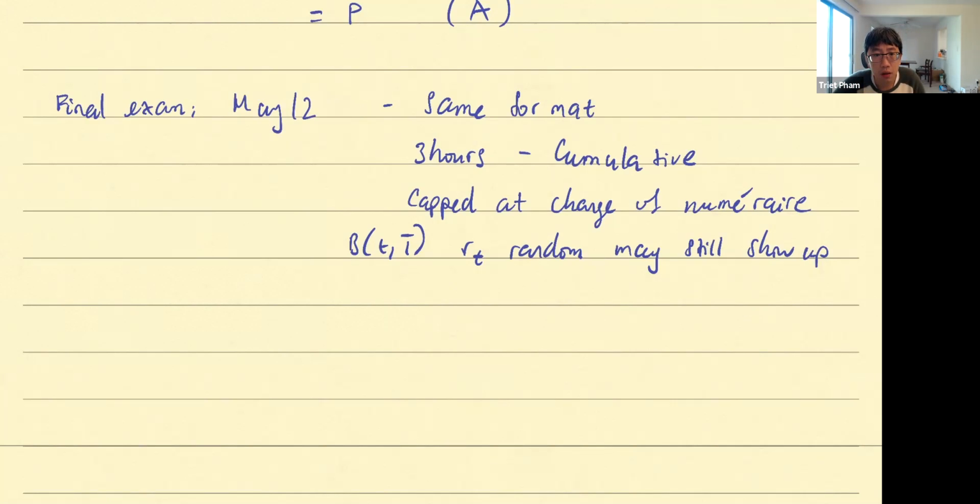May 12th is the last day. Ooh, you know what? I got 2 exams at the same time. My other class also takes an exam during that time. That's so weird. I didn't even pay attention.